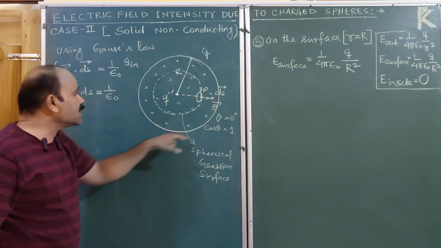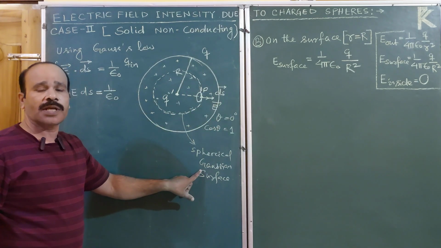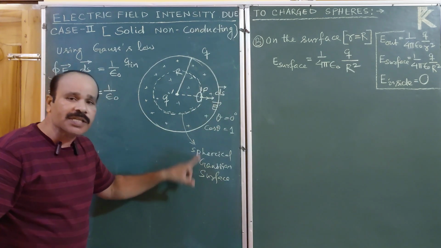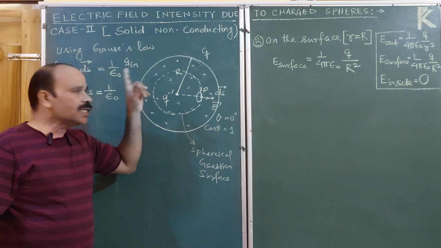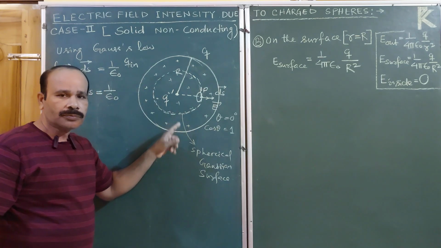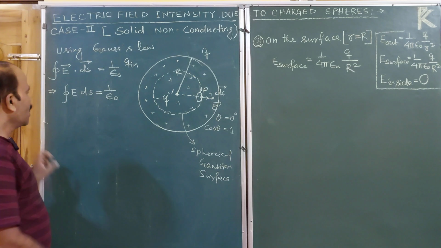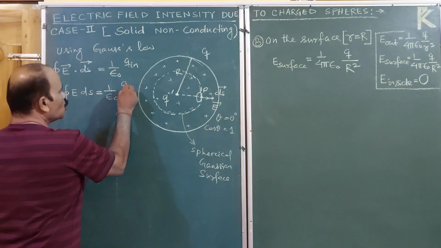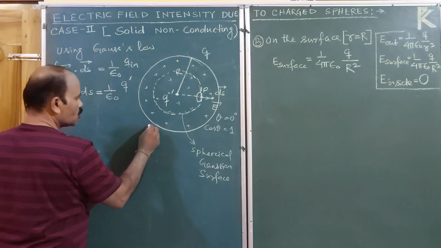The total charge is not inside the spherical Gaussian surface. Please keep in mind. This is the turning point. This is the point to be understood. This is the critical point. Okay. So this is my Q prime. You see.